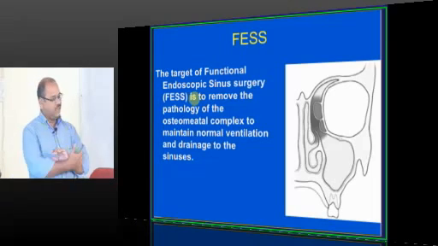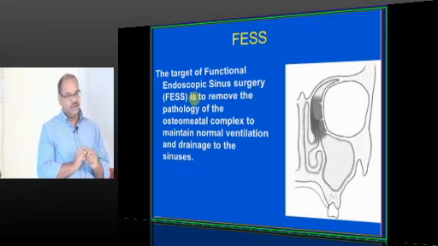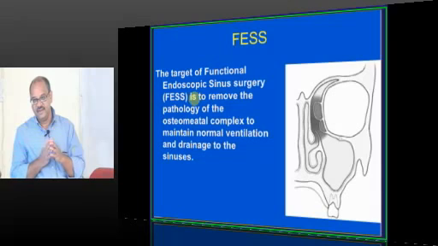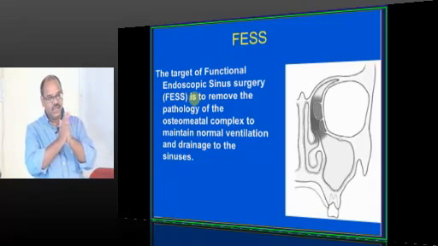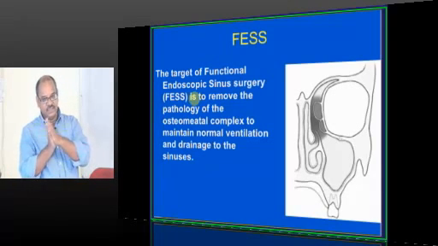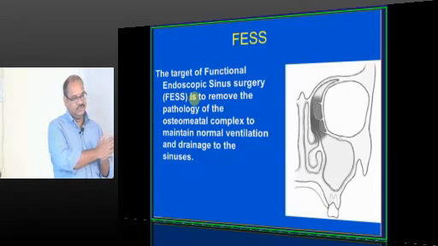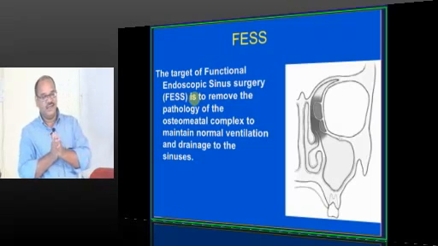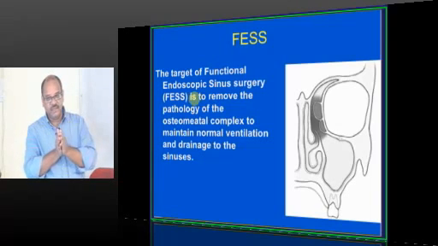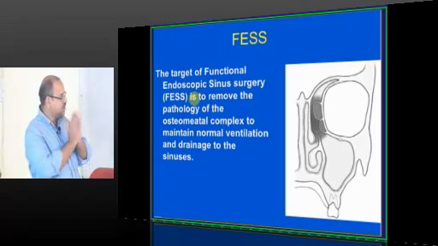The target of functional endoscopic sinus surgery is to preserve the function. It is self-explanatory: sinus surgery done by endoscope to preserve maximum function. That means preservation of the mucosa and of the natural anatomy as far as possible. This is the main aim.